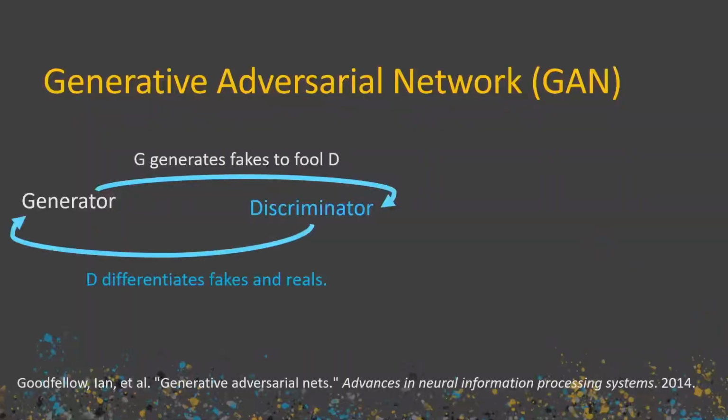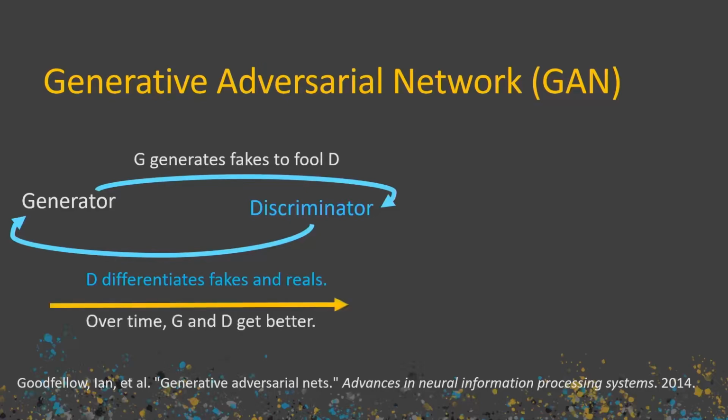The generator generates fake samples to fool the discriminator. On the other hand, the discriminator differentiates, or classifies, the real from the fake. Over time, the generator gets much better at creating fakes that look like the real ones.